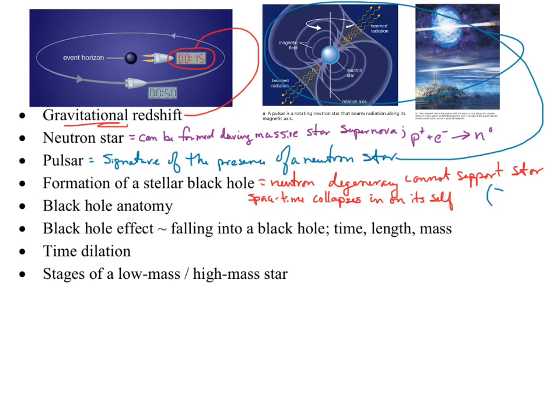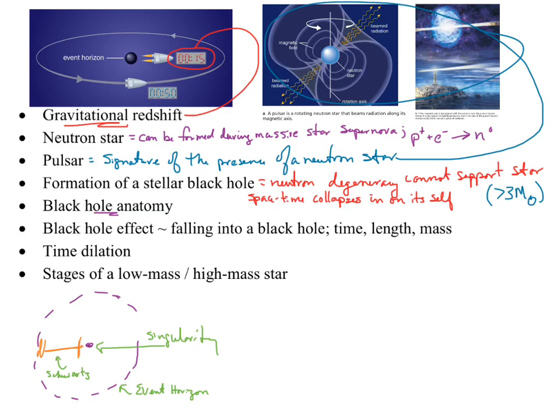I'm going to put greater than 3 solar masses. And that ends up being like 25 solar masses as a main sequence star. So then the problem is the fabric of space and time collapsing on itself in the vicinity of the singularity.